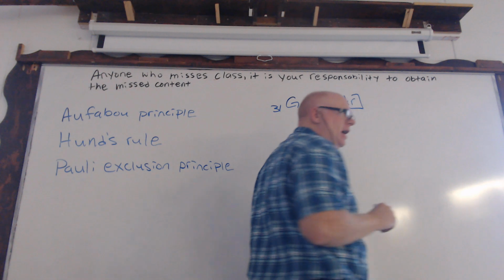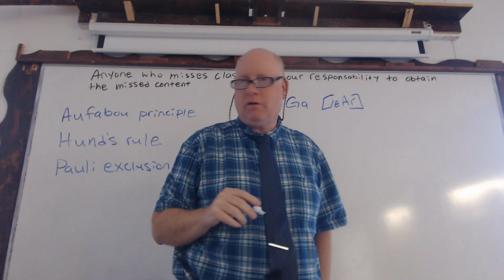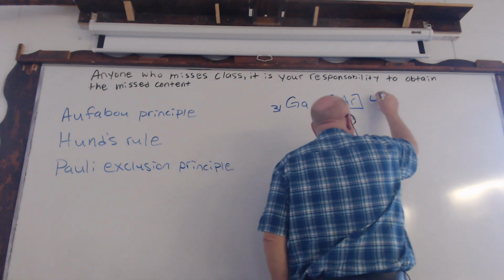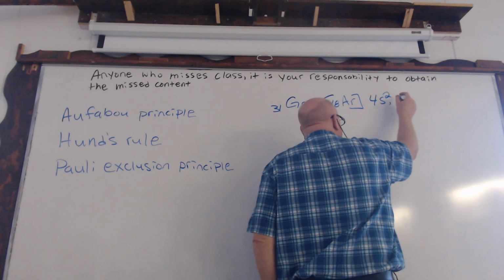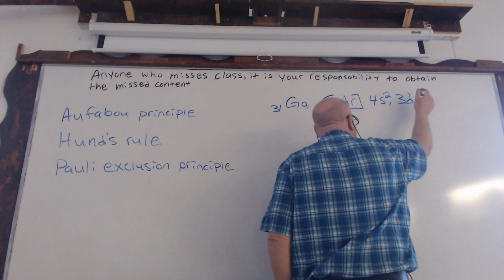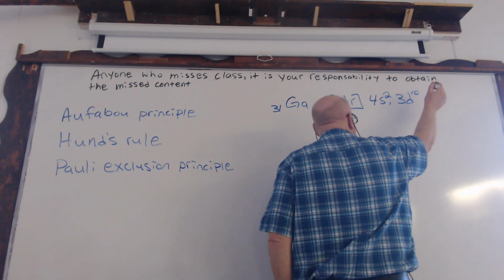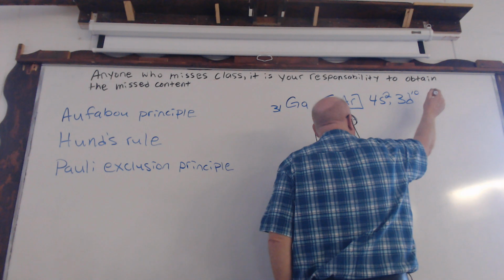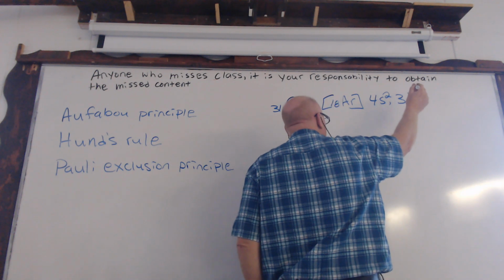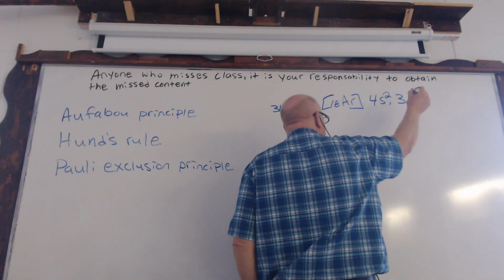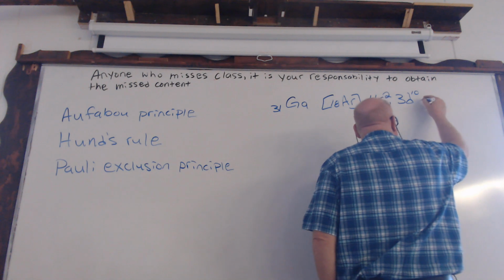So what comes after? 4s2. And then we've got 3d10, right? That's 30. Okay, so we need one more. So then 4p1.